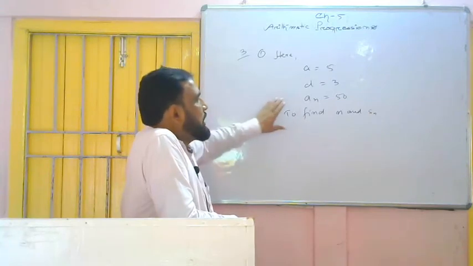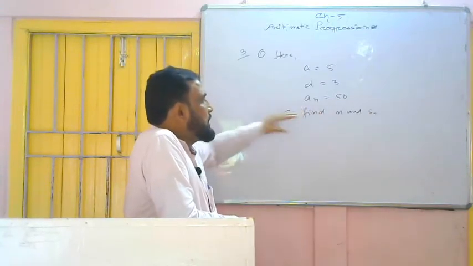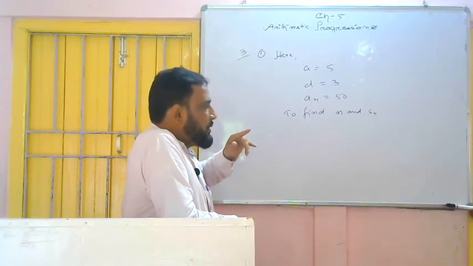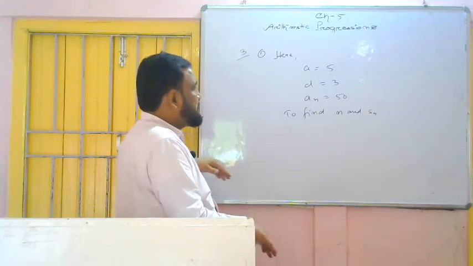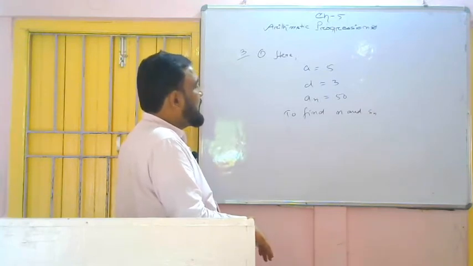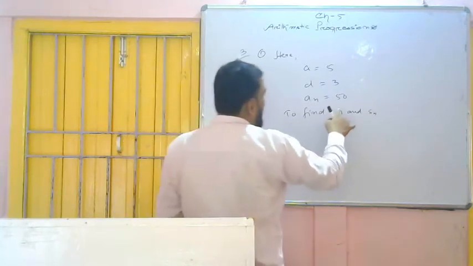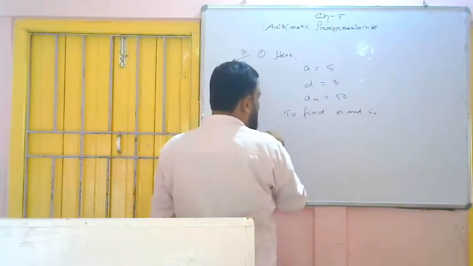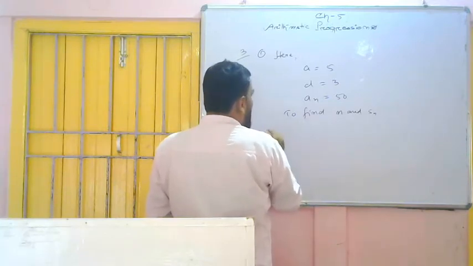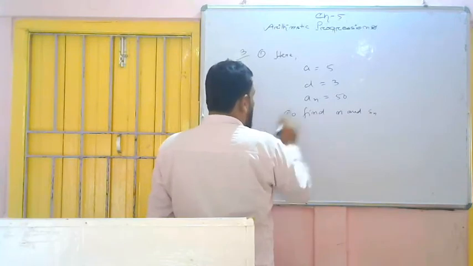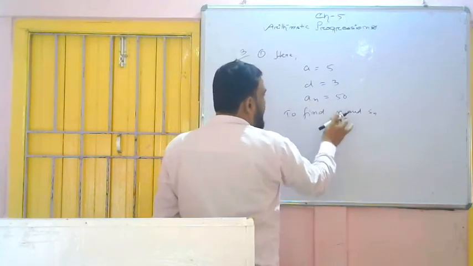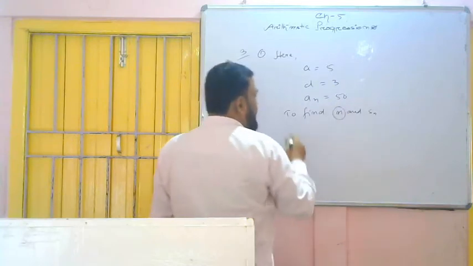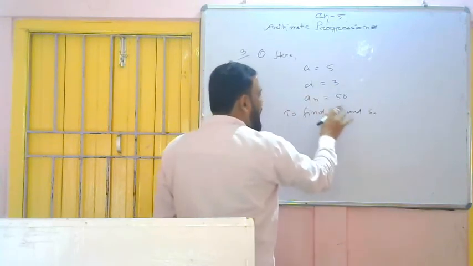You see, to find Sn, we need n by 2 into a plus an. To find an, so first of all we need n. So using an, we will find out n, because to find Sn we need this n. Okay, so first of all we are finding n.